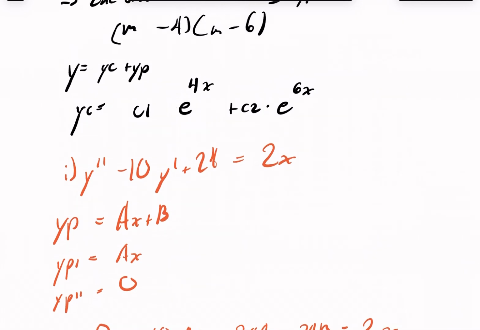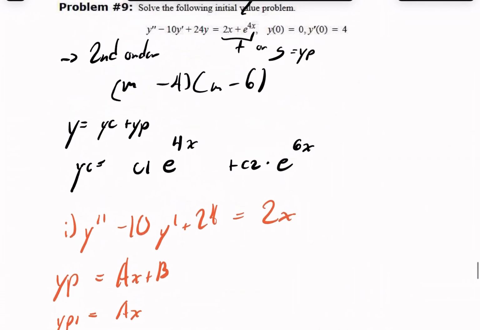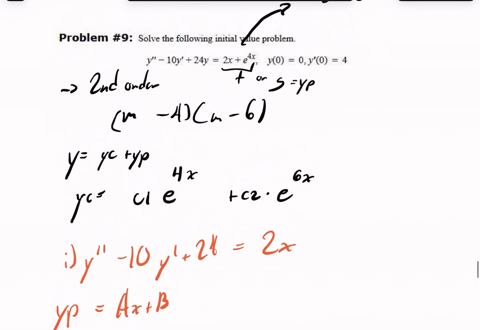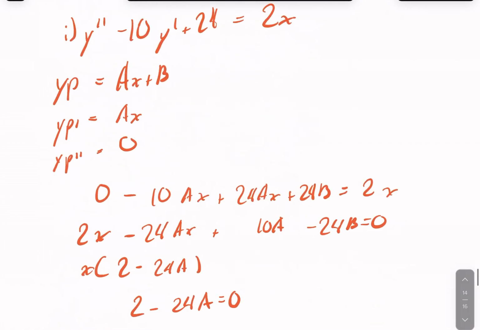When I originally did this, the first thing I messed up, because I got this on my second try, was that when you do your complementary solution, you have to account for the extra x in the particular solution that you guess.